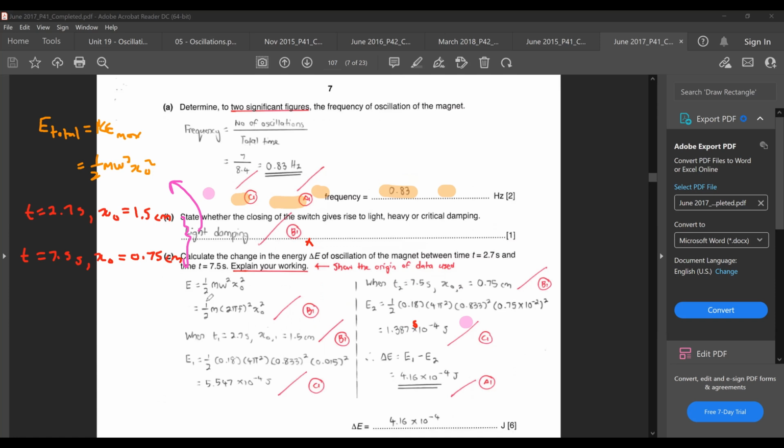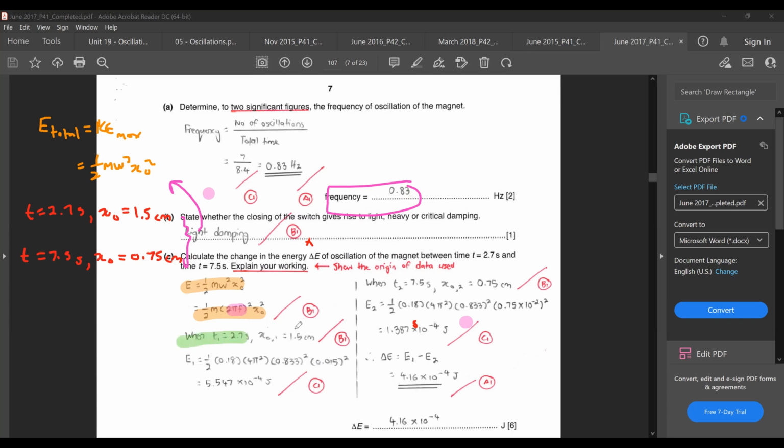So in our case, your working now looks like this. Here you can see that the total energy E is half m omega square x naught square, but because you don't have the value for omega, and instead you have the value for frequency that you found above, you change omega to 2 pi f. Then you tackle the values one by one.